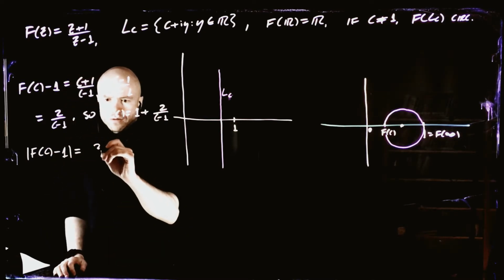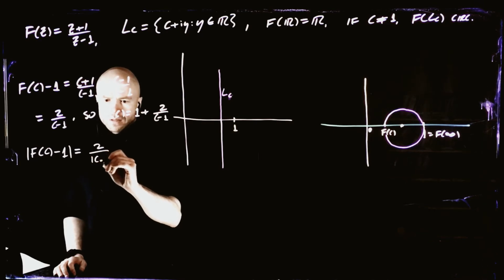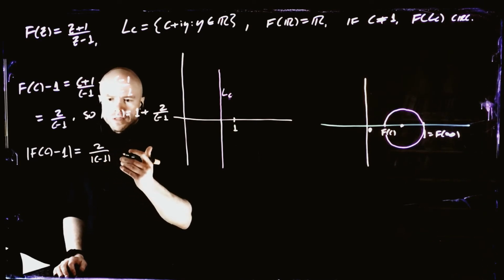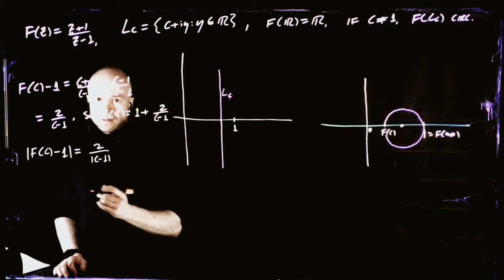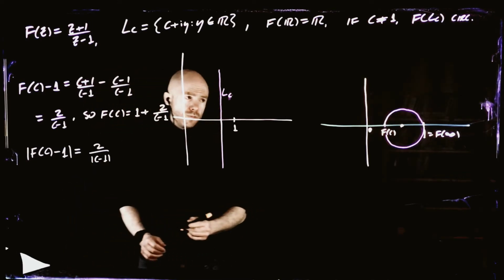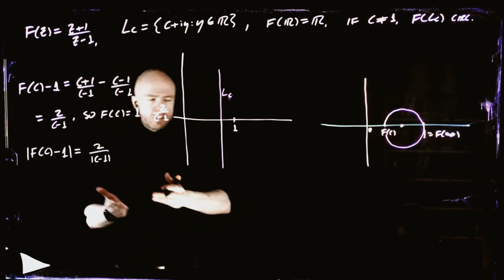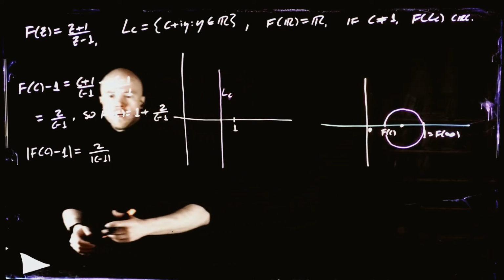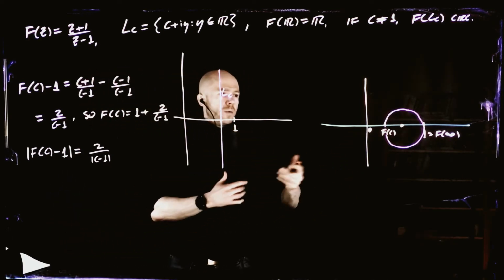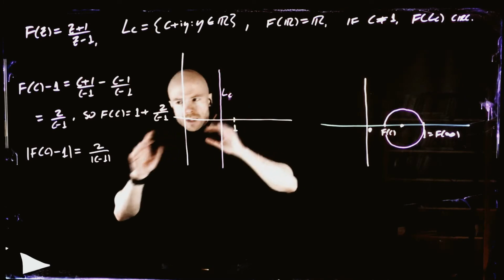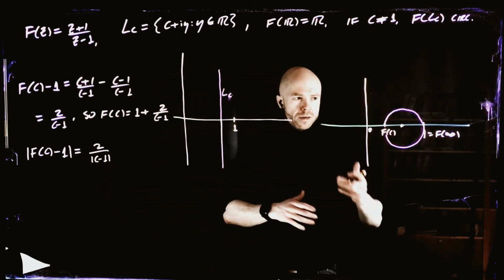Which is just going to be 2 over the absolute value of C minus 1, whatever value C is. Yeah? And the center of the circle is going to be half of this quantity, either plus or minus, depending on the sign.